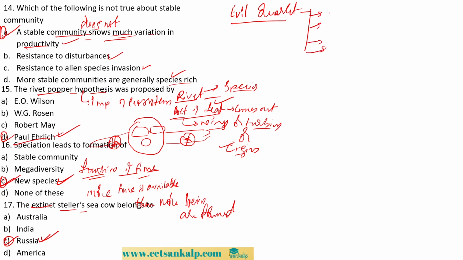The first is called habitat loss and fragmentation. Okay, the next one we have is over exploitation. There are two examples for this: passenger pigeon, and one more we have is the Steller's sea cow, right?